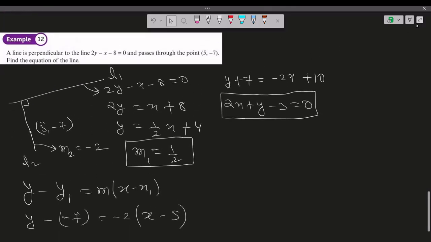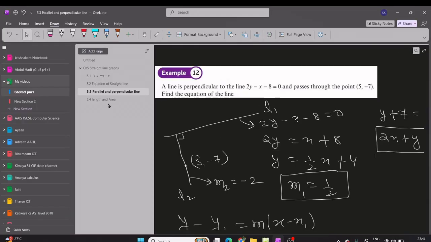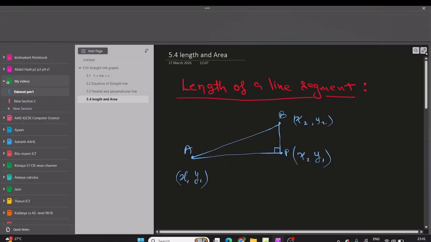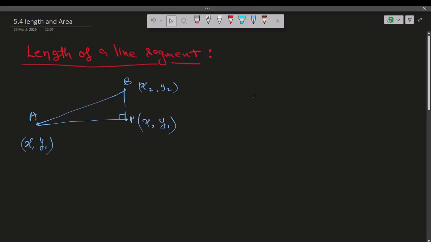Let us do the last part of this topic, that is finding length and area of a line segment. By the way, again I will say derivation is not required, but let us understand it as a question only. If AB is a line segment whose endpoints are given, can you get me the length of AB?